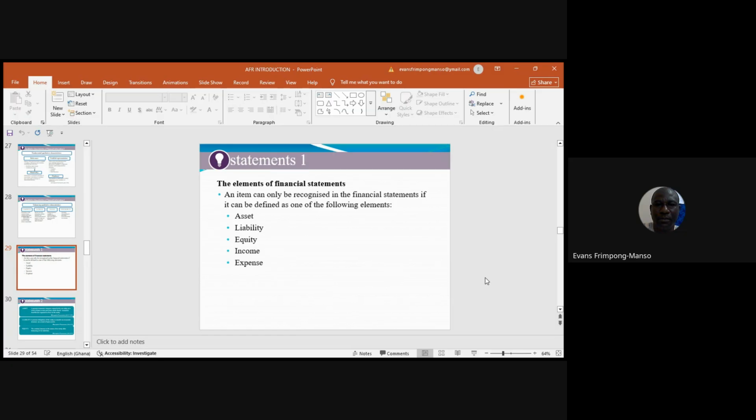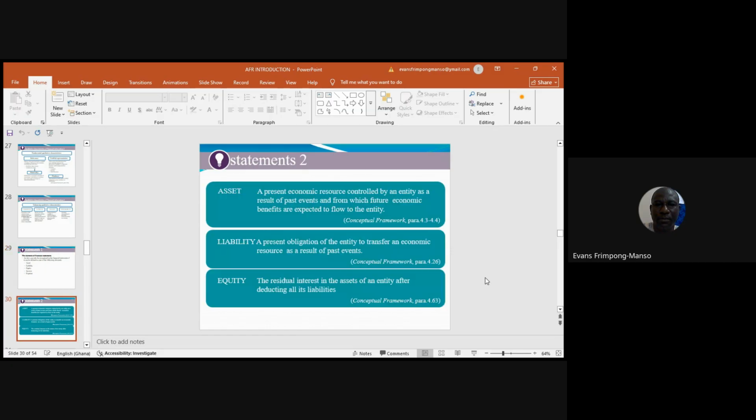So technically, when you say an asset, what does it mean? You could see that all the definitions I have given make reference to the conceptual framework. An asset is a present economic resource that the entity controls as a result of past events and from which future economic benefits are expected to flow to the entity.